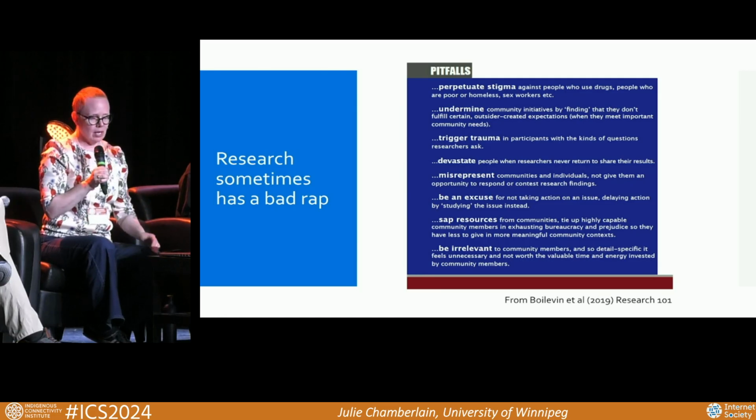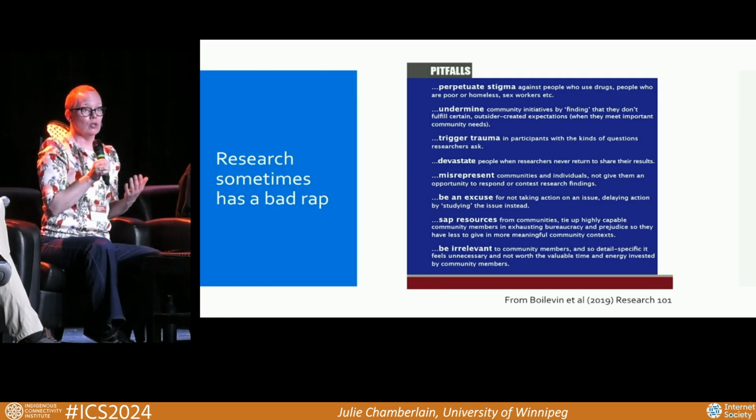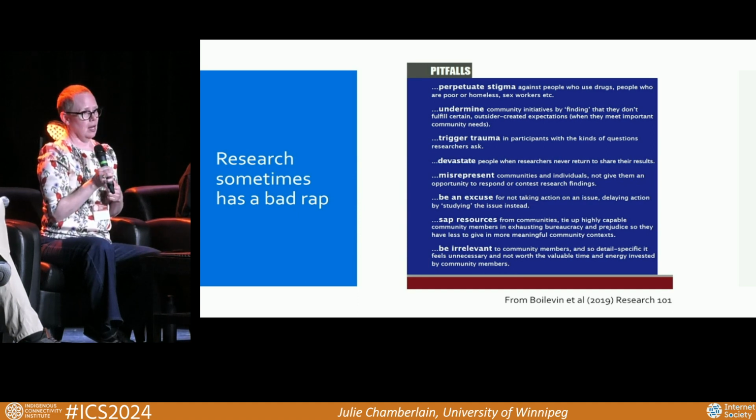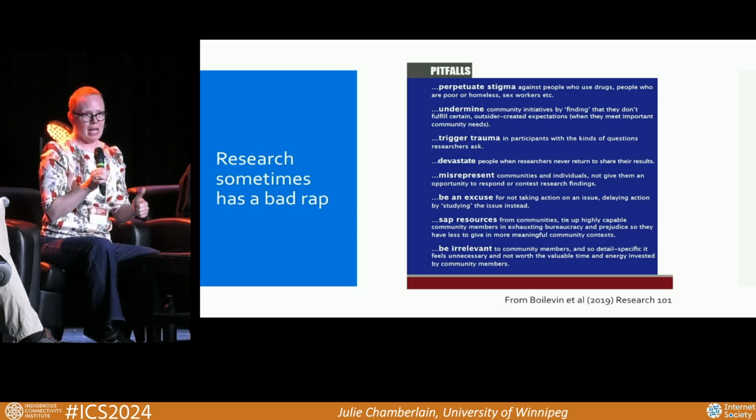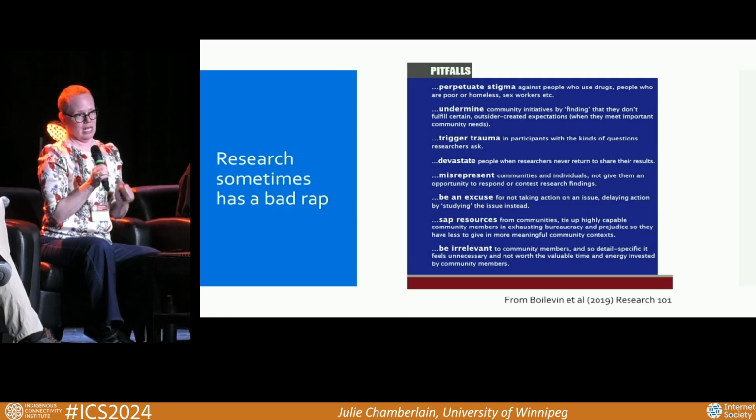But part of what CBR can do is build relationships that you might want to have, strengthen your networks, and connect you to people. Also in this particular case, the organization and community groups in the North End really wanted to access research money in order to help meet community needs.